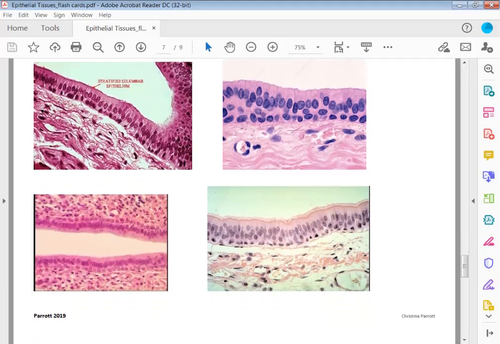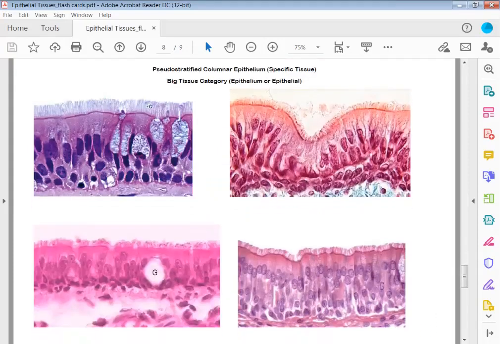Moving on to the next tissue, this is our pseudostratified columnar epithelium. You'll notice the first thing when you look at this tissue is it's extremely messy and chaotic looking. And that clues you in that this is probably pseudostratified.